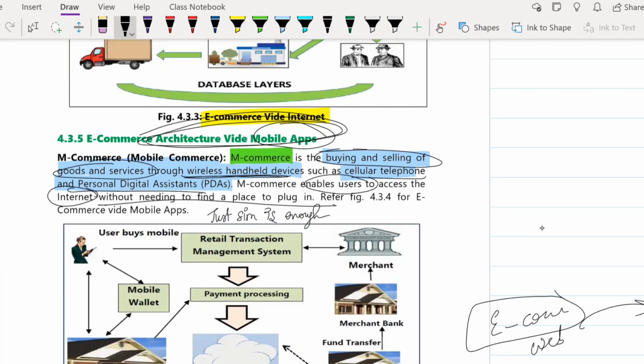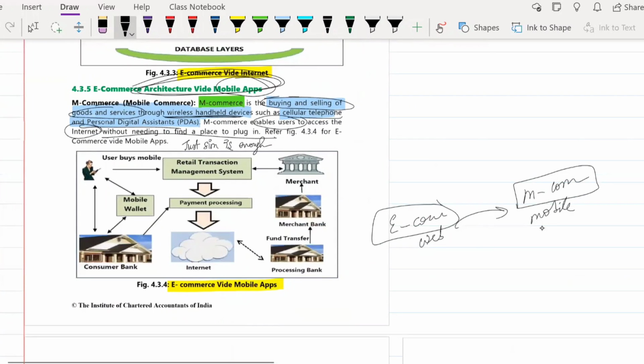Even with Wi-Fi, you need a few wires to be connected, and with a direct LAN cable you have to connect your wire. But the internet for m-commerce comes from a wireless source. If you just install a SIM onto your phone and add a data pack, you will automatically get internet. So that is a very good advantage of m-commerce.